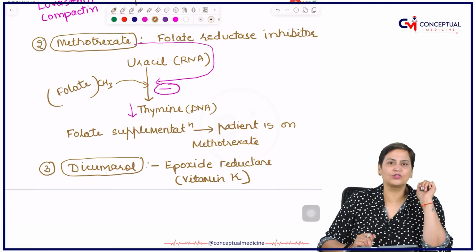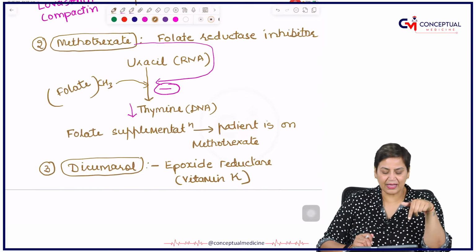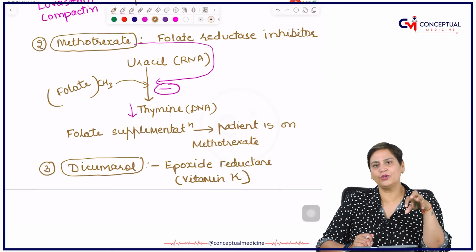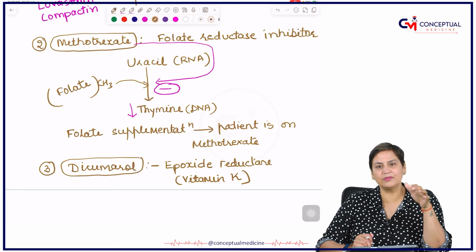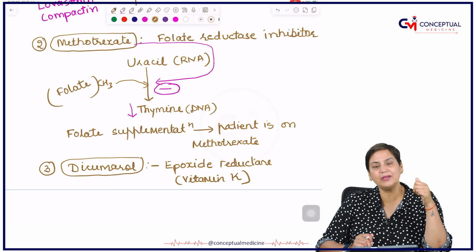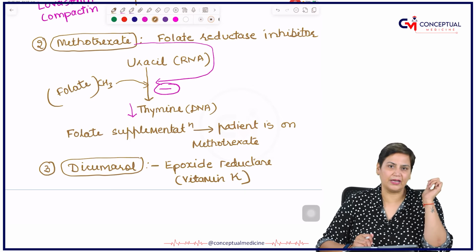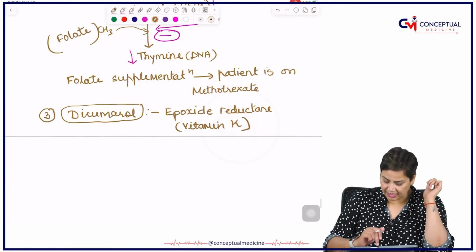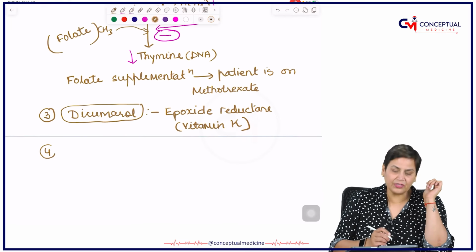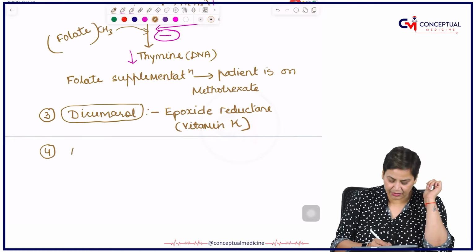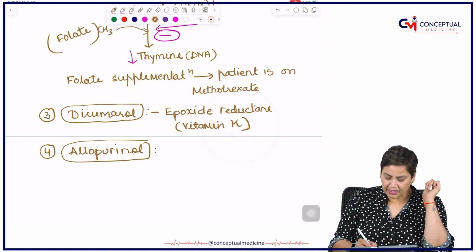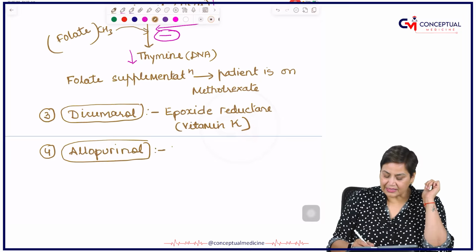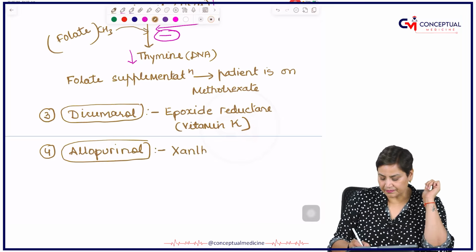Okay, other examples are also there. Allopurinol is also there. But why am I not discussing allopurinol here? Because if we see the pharmacological action of allopurinol, no doubt it comes under competitive inhibition. But biochemically, it leads to suicide inhibition. So, I can just mention here that allopurinol, which I will be discussing in detail in suicide inhibition also, is a competitive inhibitor of xanthine oxidase.